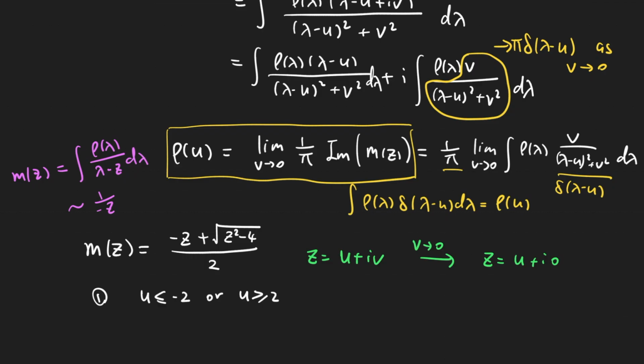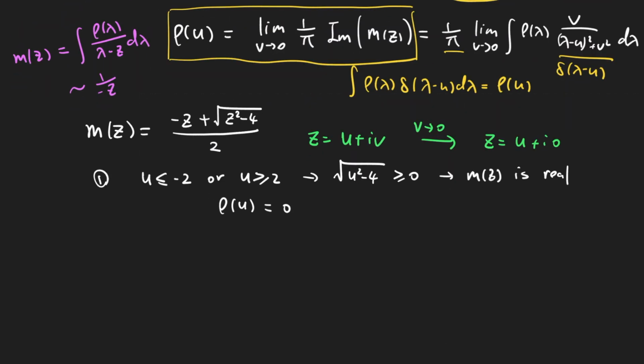This is the case where the square root of u squared minus 4 is greater or equal to 0, and m of z is real, which means it does not have any imaginary part. So basically, rho of u equals 0. We don't have any probability mass outside this region.